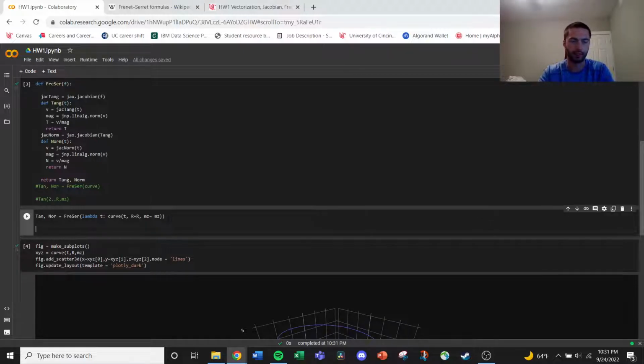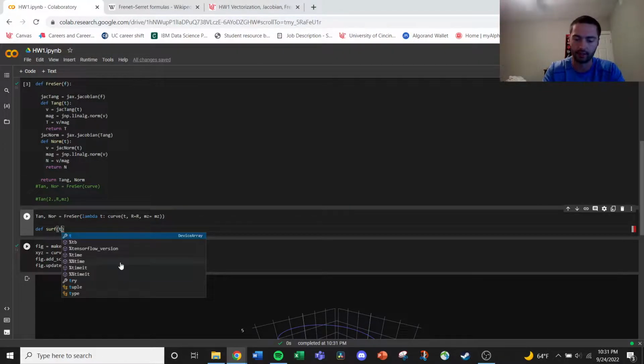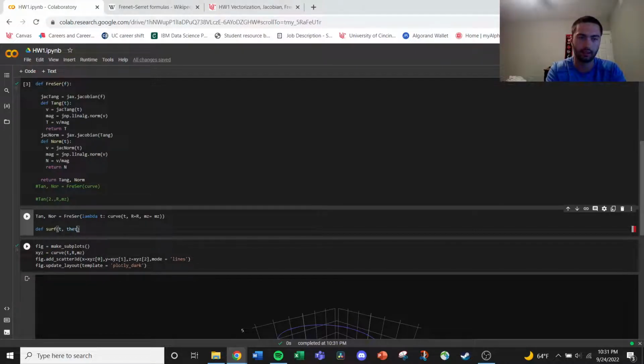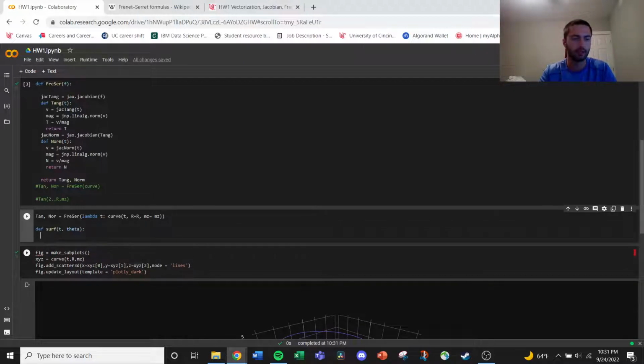And now we can get into actually making the surface function. I'll define a function surf. This function takes in t and theta, as we discussed, and I don't have to feed it r and mz since I'm hard coding those outside. I can show that for a second.